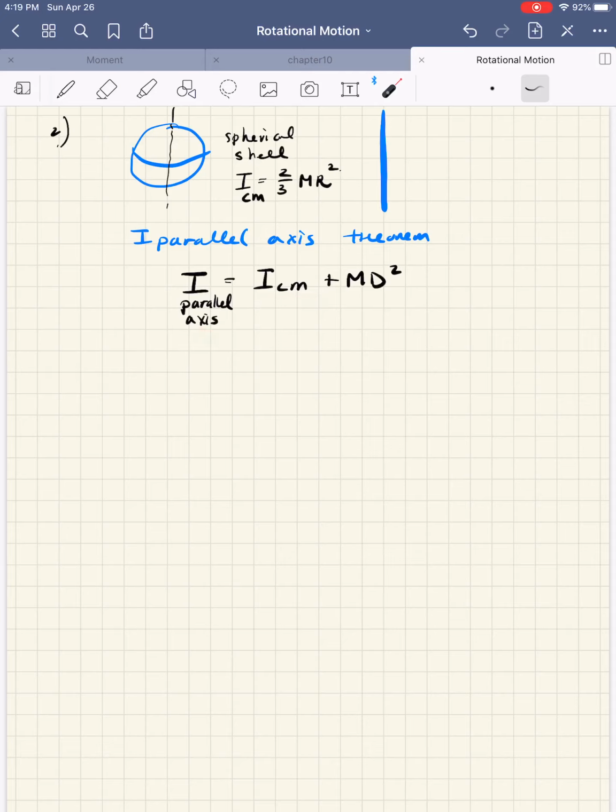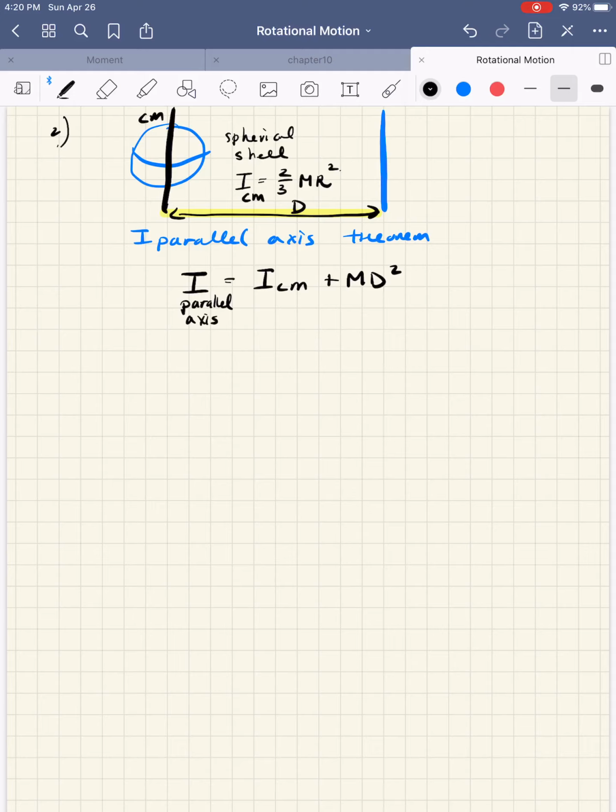Well, for a circle or a sphere or something like that, it's actually not so hard. Here is the center of mass axis, and here is literally an axis parallel to it. You see, they're just exactly parallel with respect to one another. And they should be a distance of d away.